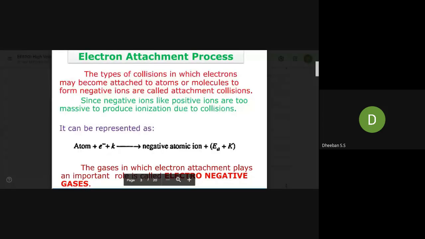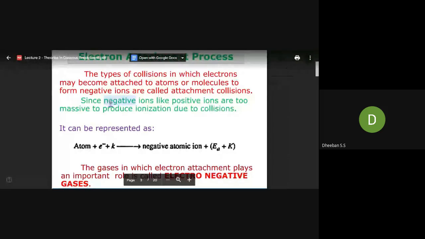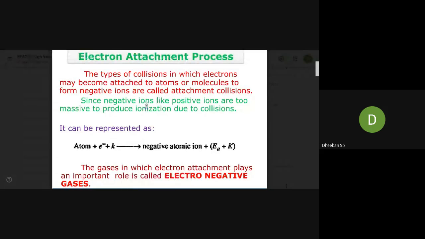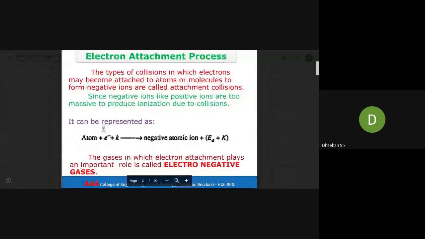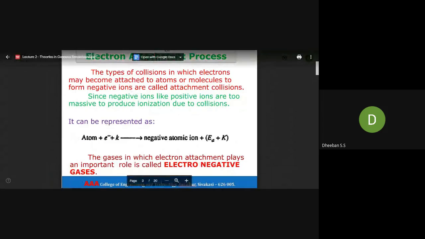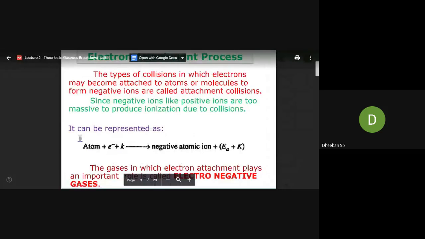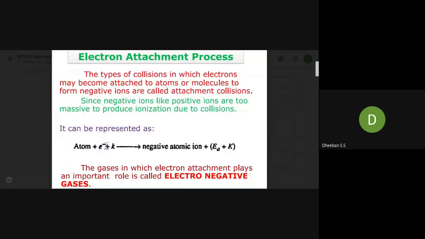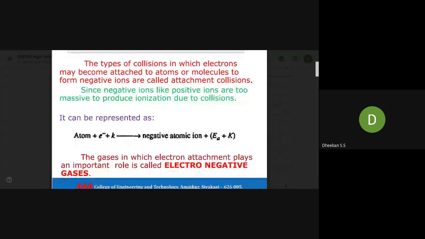What they are saying about the negative ions, you will understand when you come to this equation. Take a stable atom. The stable atom is subjected to some electron.